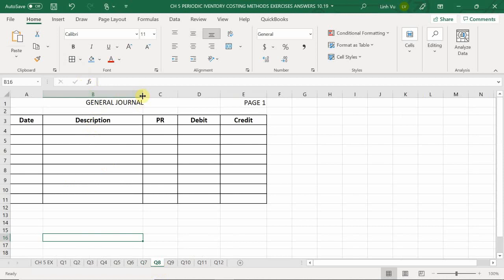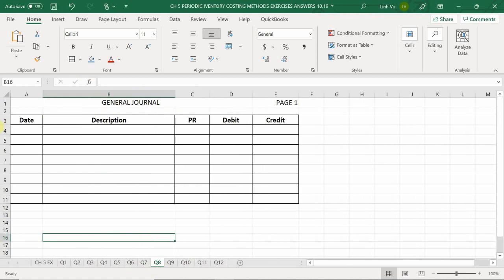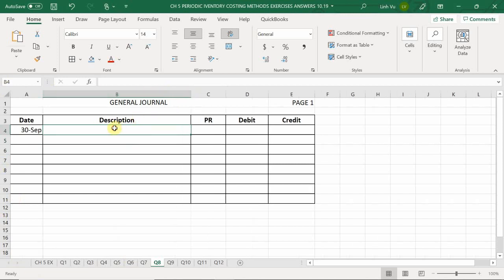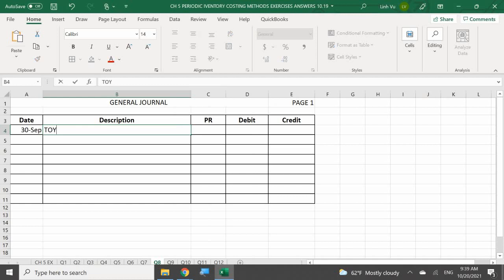So let's go ahead and complete our conversion entry for question number 8. What should my journal look like to convert my inventory on September 30th? Toys inventory. Okay, toys.